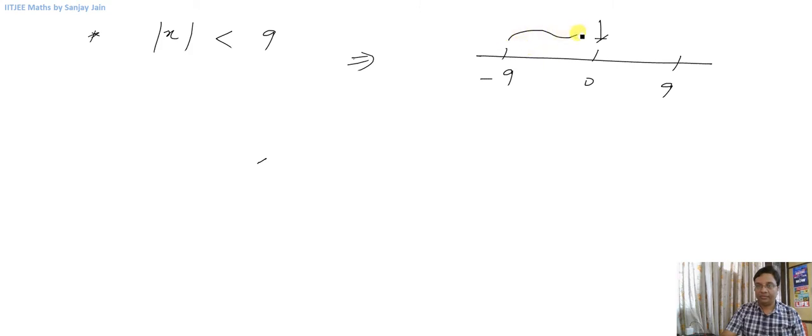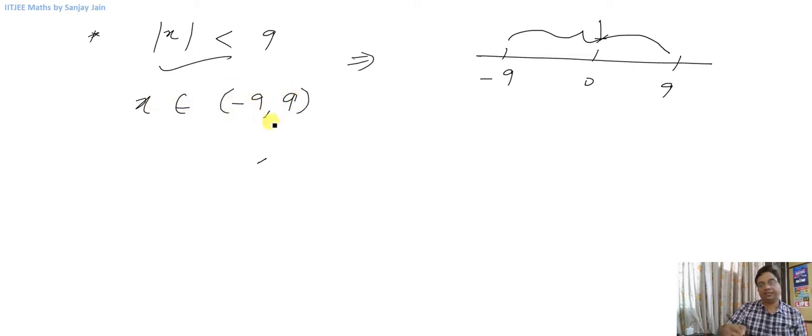Okay, so any number between -9 and 9 will satisfy this. That means x belongs to (-9, 9) here. Alright, but -9 or 9 will not be the part of solution. This number is not a part of this solution. This number is again not a part of this solution.